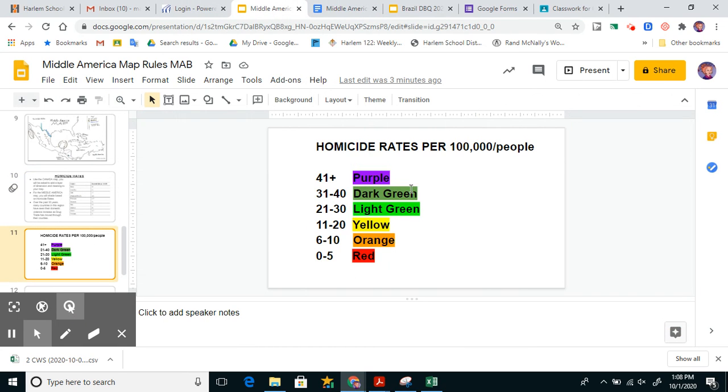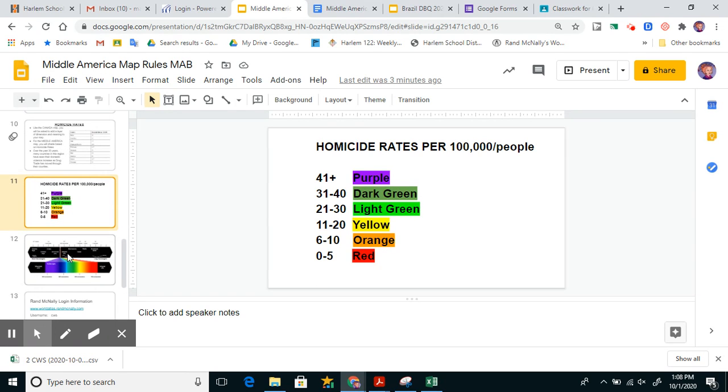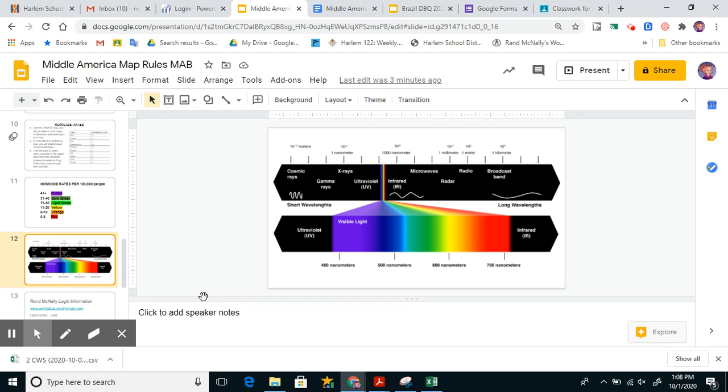And you're going to shade, again, based on the rainbow. So from greatest is purple to red. Sometimes you might think red is considered the strongest, but let me just show you. So it's a little science lesson. As you take a look at visible light, purple, or the most potent light, is in the violet purple side, and the less impactful and energetic waves are on the red side.